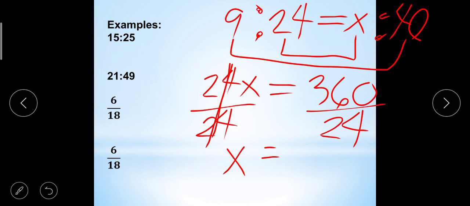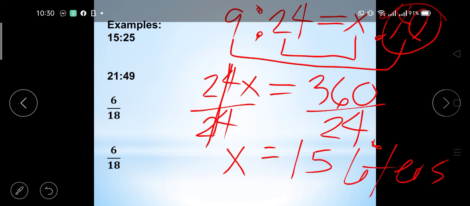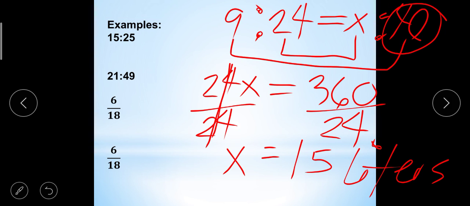Yun pong 360 divide 24. Okay, 15. So, ibig sabihin, 15 liters of water ang kailangan ni Jasmine para madiligan yung 40 plants.